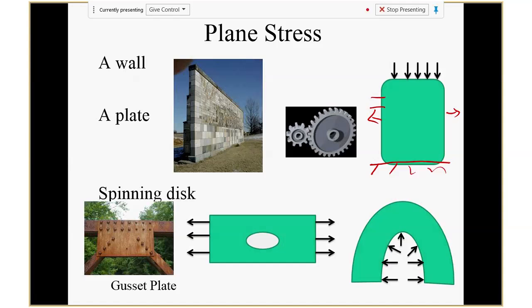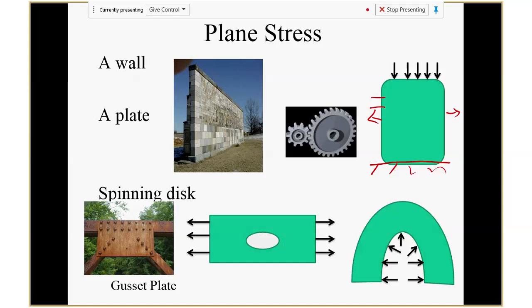Perfect example. Here is one: this structure we call a gusset plate. Everything, pulling or compression, is within that plane. If this is a big plane, you can treat it that way. The character of a common structure that you treat as plane stress is that the XY dimensions are big, but the thickness dimension is relatively very, very small.